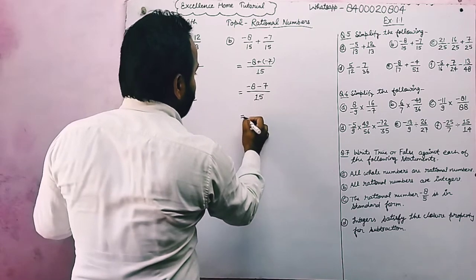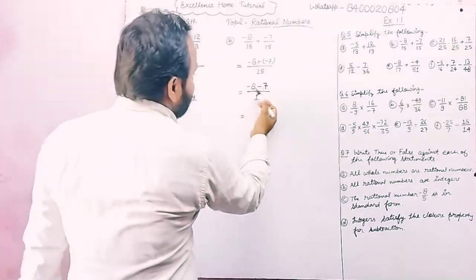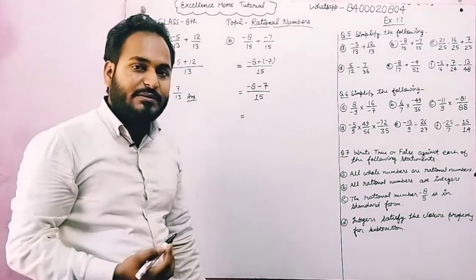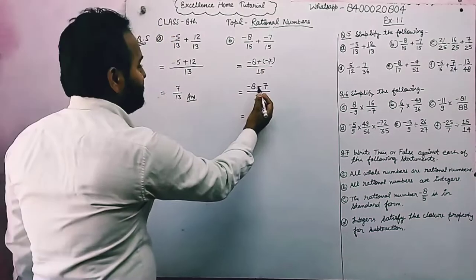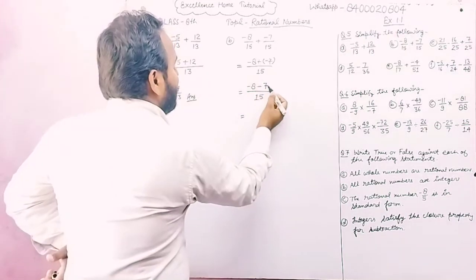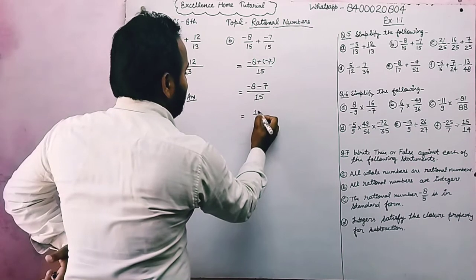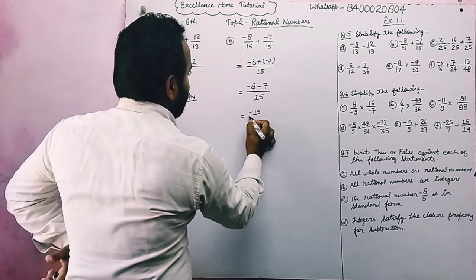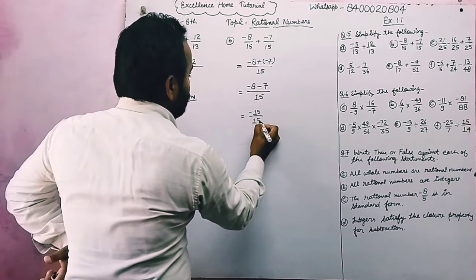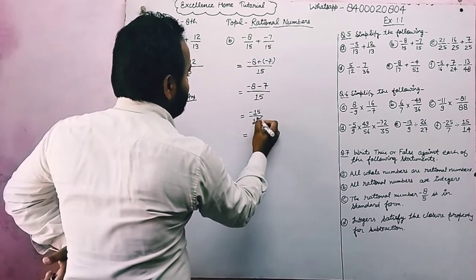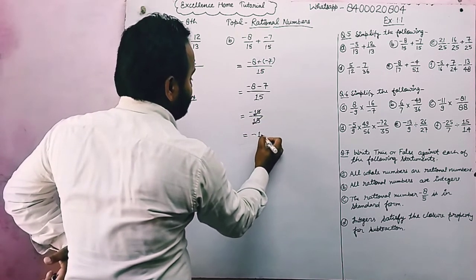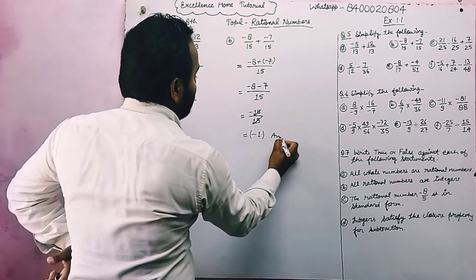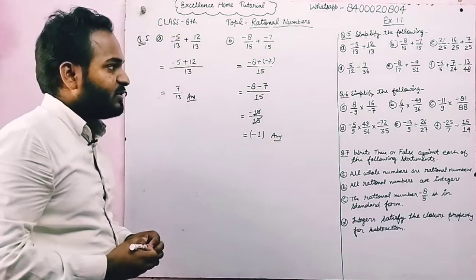Here we observe that minus 8 and minus 7 have the same sign, so addition is applied. 8 plus 7 is 15, and the same sign, minus, is applied, so minus 15 upon 15. So this results in minus 1.